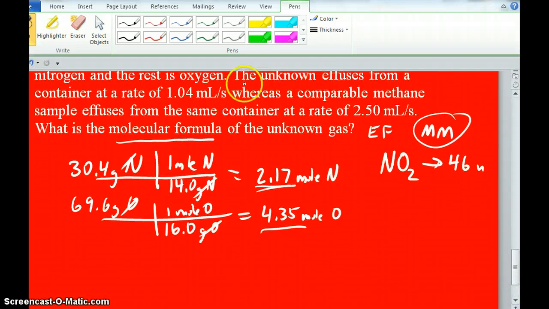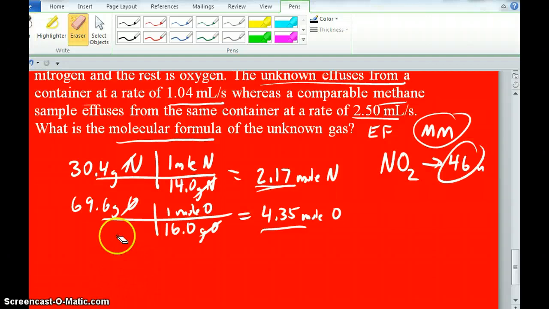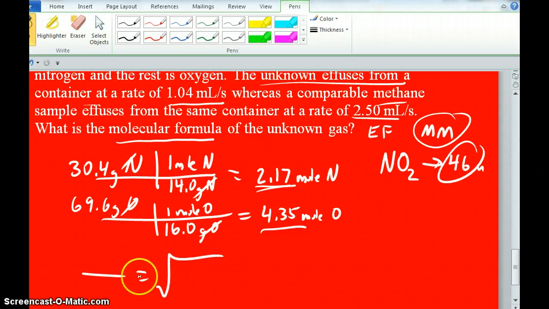And so I'm given in this problem a rate of effusion of an unknown gas and a rate of effusion of a known gas. And so since rates are inversely related to the square root of molar masses, I can say that for my unknown gas that has a rate of effusion of 1.04, unknown molar mass, comparable to 2.50 for a known molar mass of 16 grams per mole for methane.